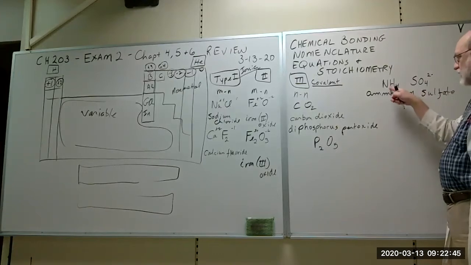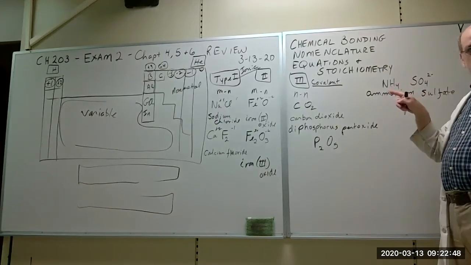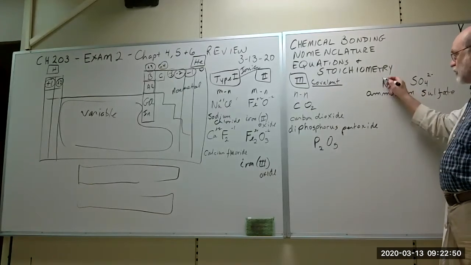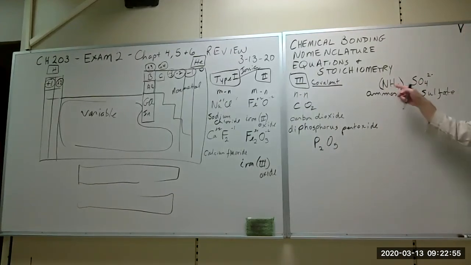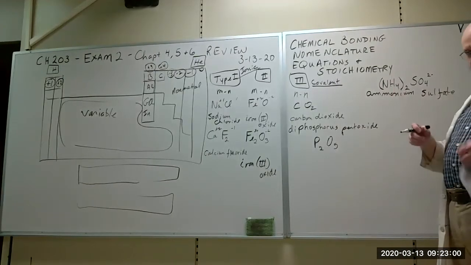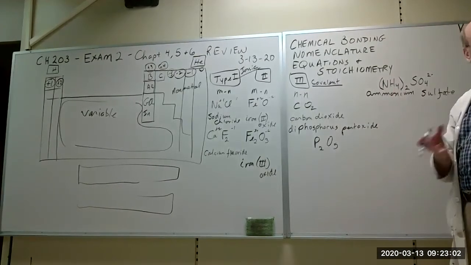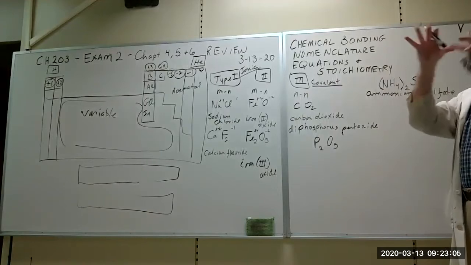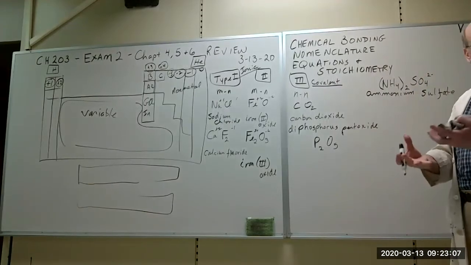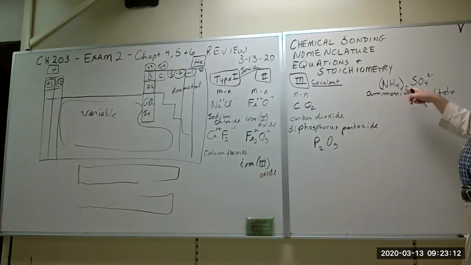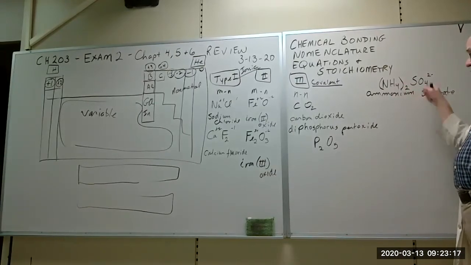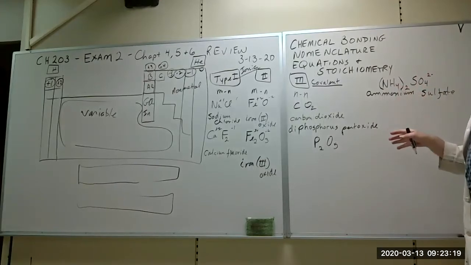But you can't change these subscripts. The only way to get 2 of them is with parentheses. Right? Because polyatomic ions are actually covalently bound with a charge that's spread over the entire mixture. So you can't change the subscripts, and the only way to get more than one of them is with parentheses.